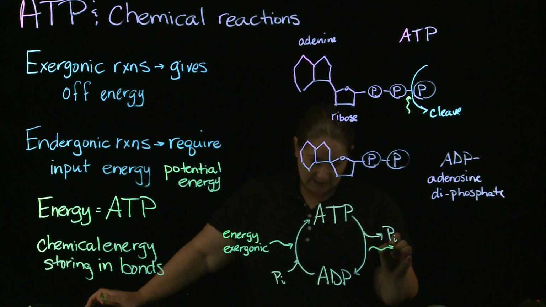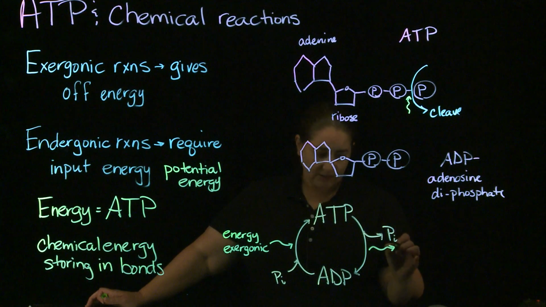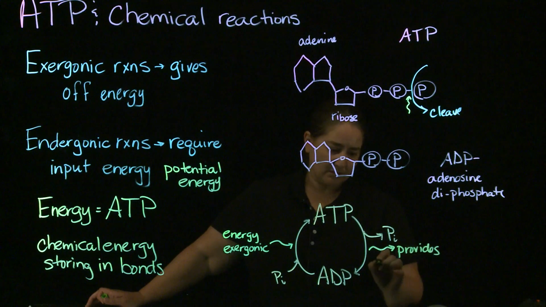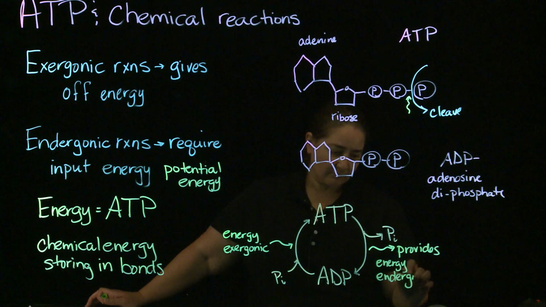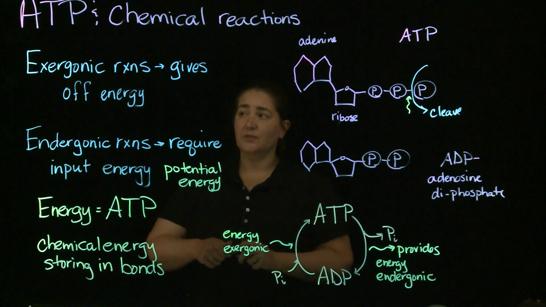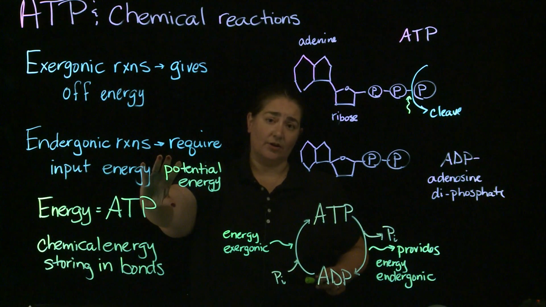And in terms of that, when we release that phosphate, that is what provides the energy for the endergonic reactions, okay? So there's an interplay here between exergonic and endergonic, okay?